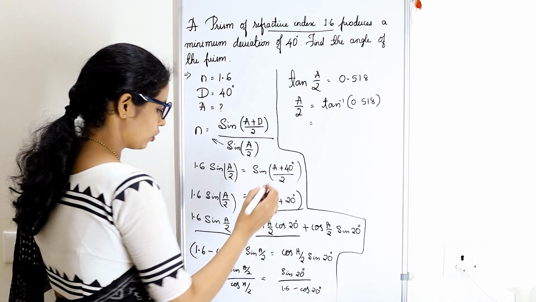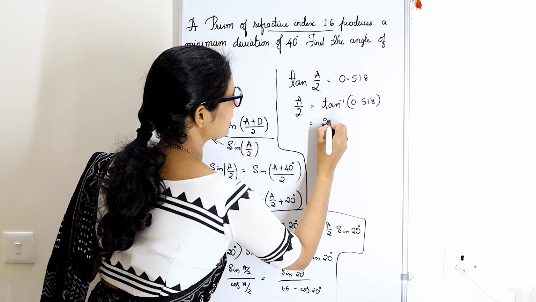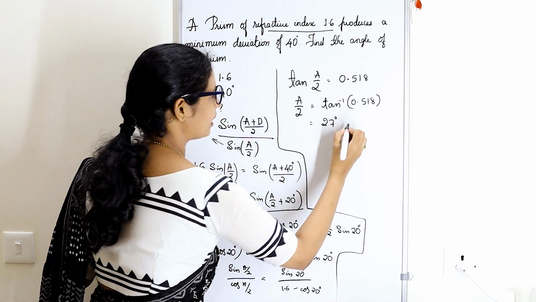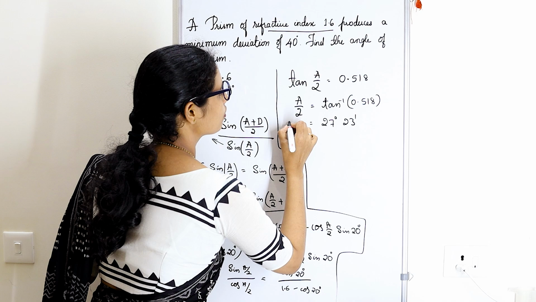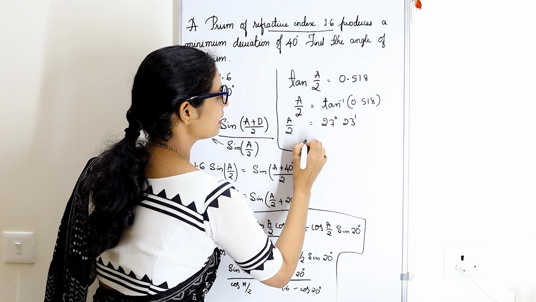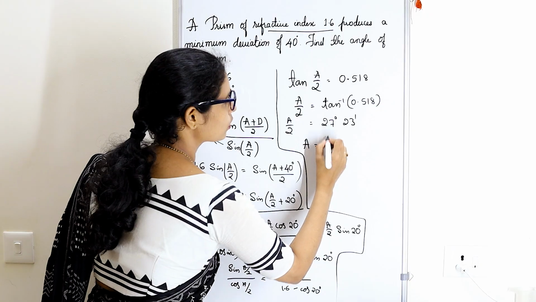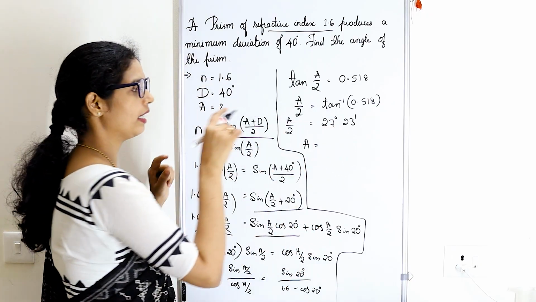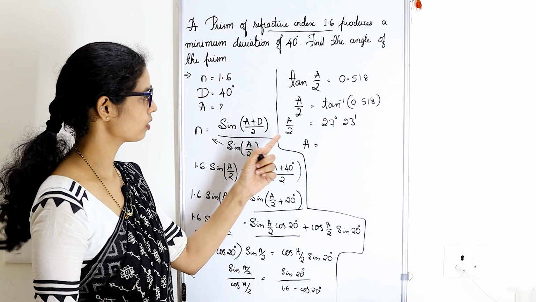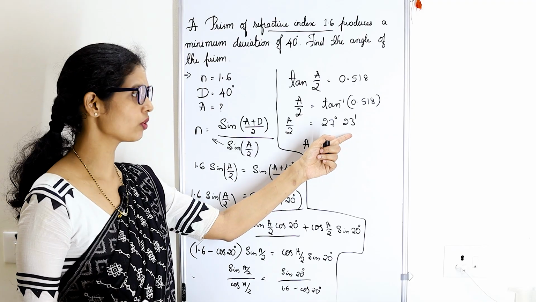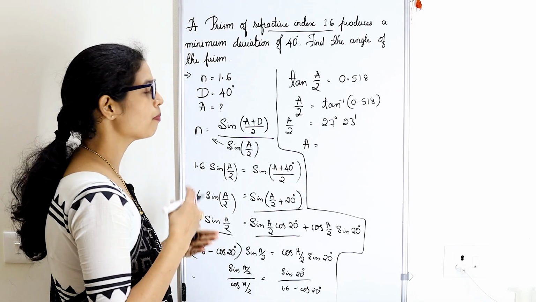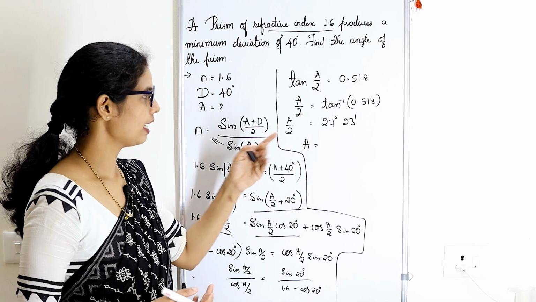What is the value? You will get 27 degree 23 minutes for A by 2, but we need the value for the angle of prism, that is A. So A equals 27 degree 23 minutes into 2. So this 2 goes to the other side, and it multiplies with the value of A by 2.